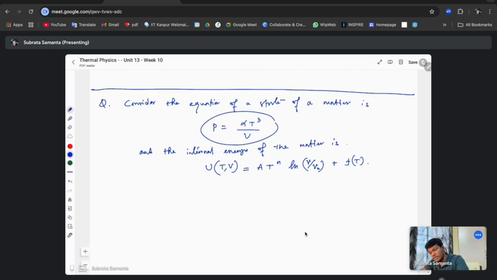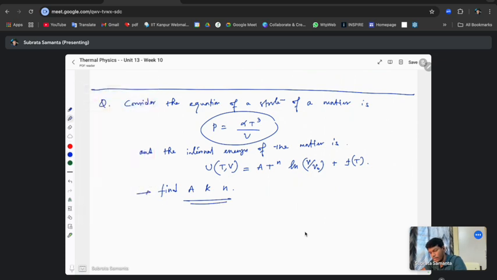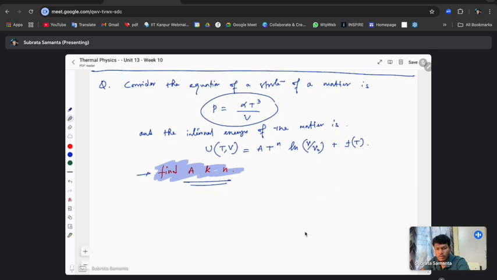So the question is to find A and N. Two things we have to calculate, A and N.